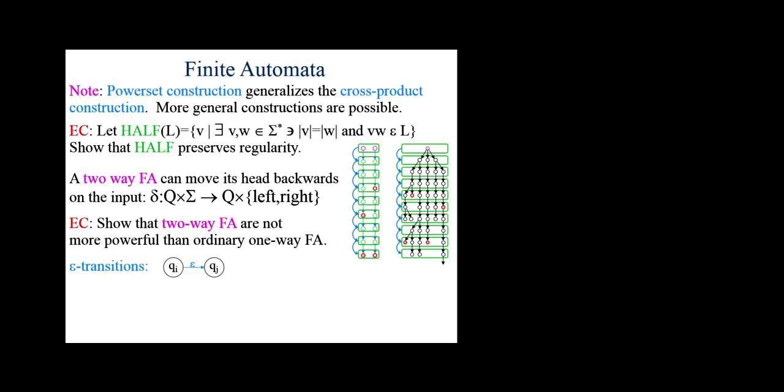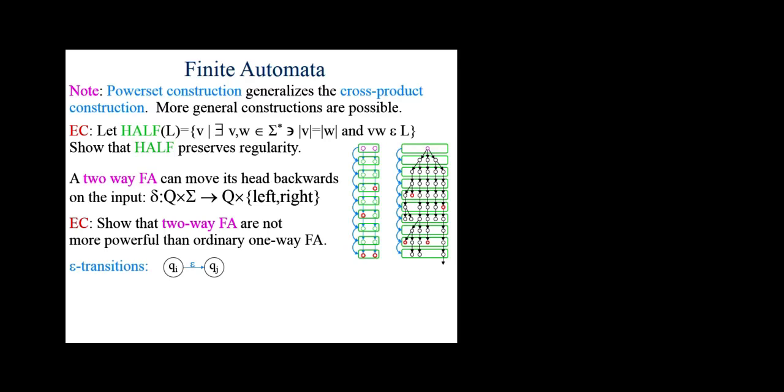Now, let's talk about epsilon transitions. Epsilon transitions allow you to not go anywhere but stay put where you are when you see a character in input. So for free, you can go somewhere without even seeing a character in input. In other words, you can transition from Qi to Qj without consuming an input character, and that is what epsilon transitions are.